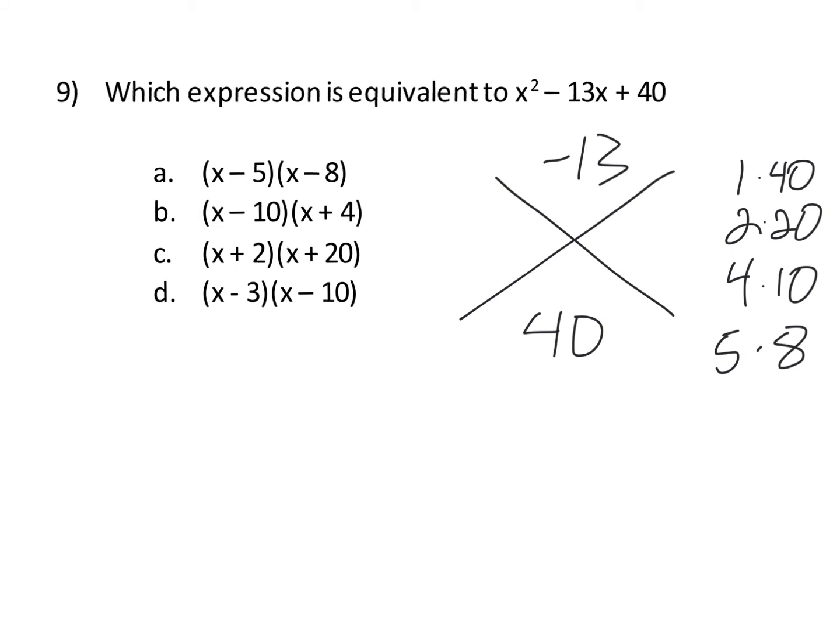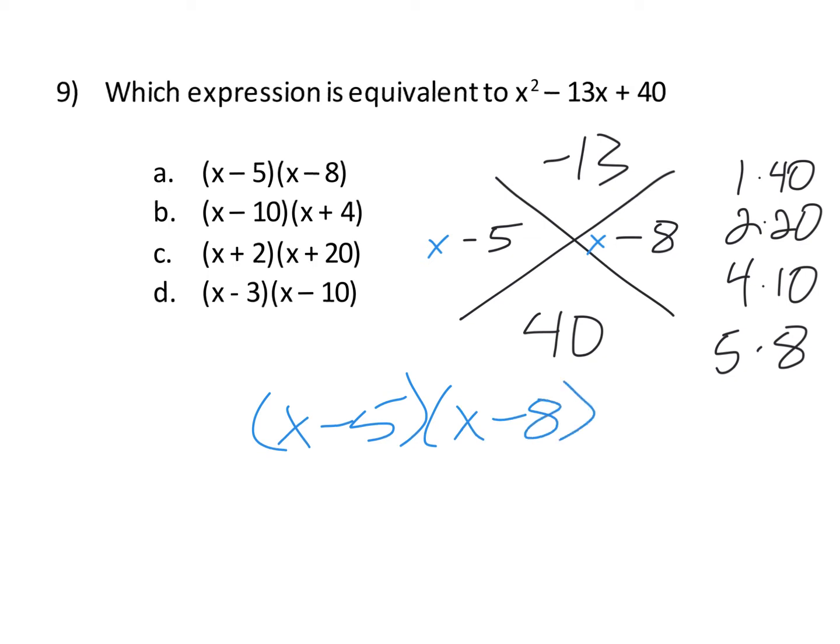Okay, so the terms we have to make equal to 13, and you're going to notice that's going to be 5 and 8. Combine 8 plus 5 to get 13. Since we need it to be negative 13, we're actually going to make them both negative. So we have negative 5 and negative 8. That means we just put the x here in front, and we have our terms of x minus 5 times x minus 8 right there. A.